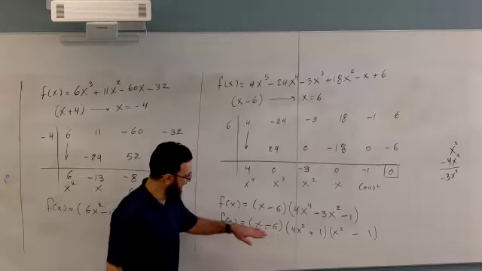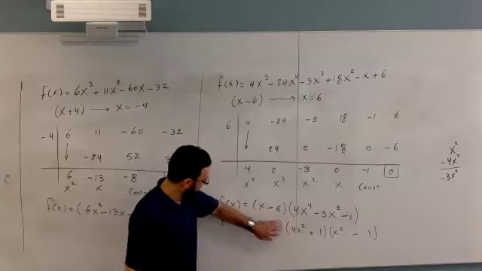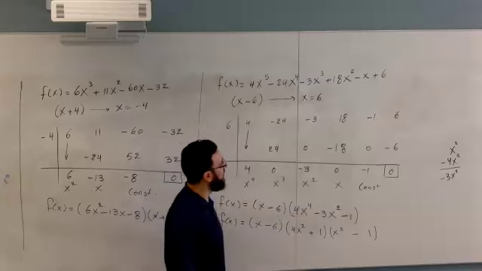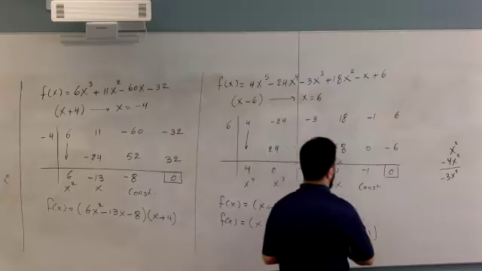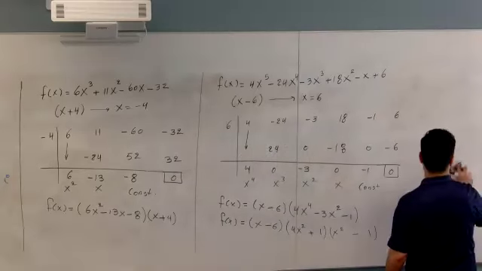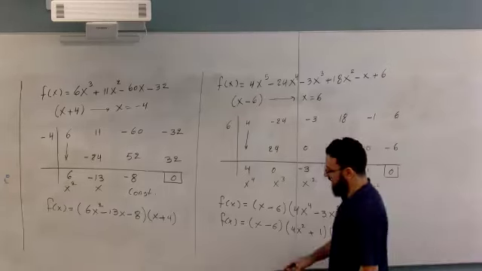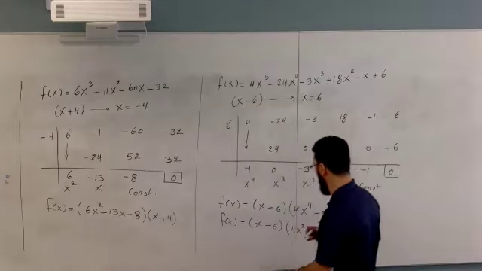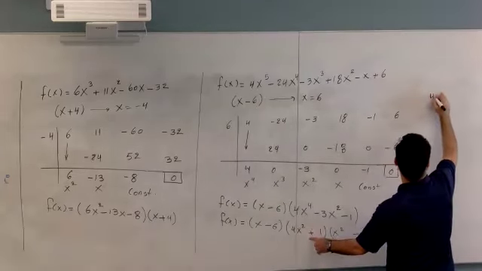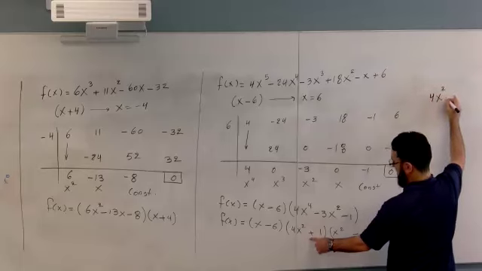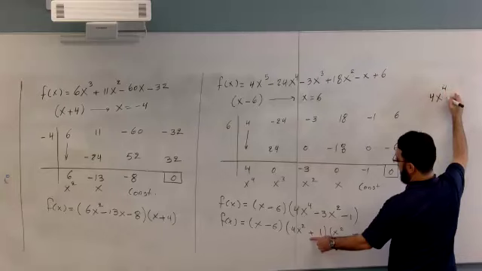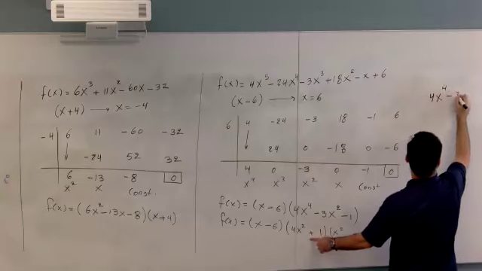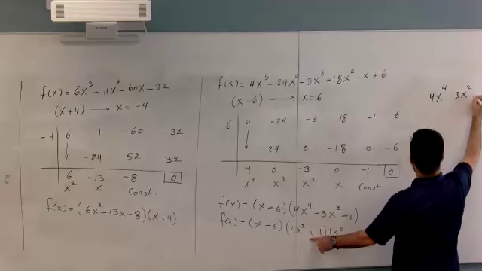I'm just looking at where you factor the 4x to the power 4 minus 3x squared. Let's do it on the side here. It's 4x to the power 4, minus 3x squared, minus 1.